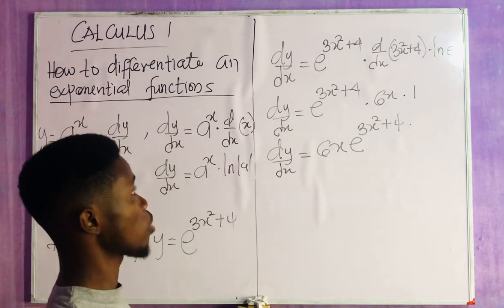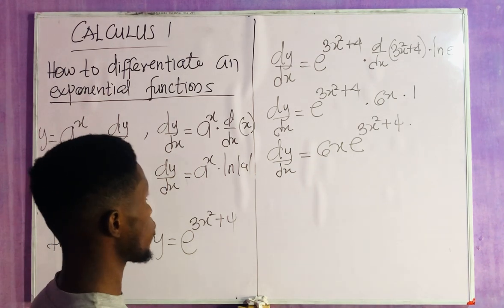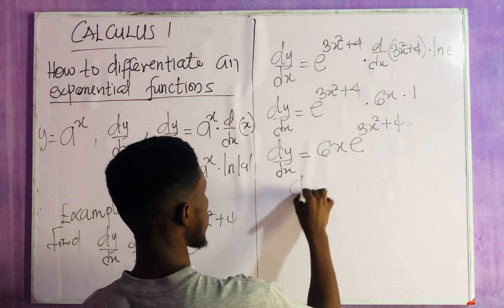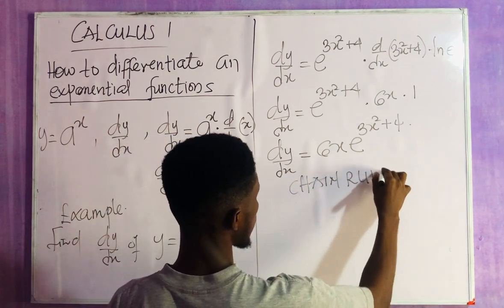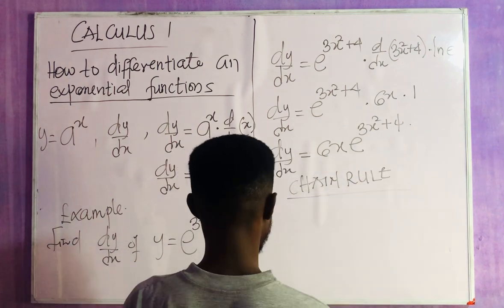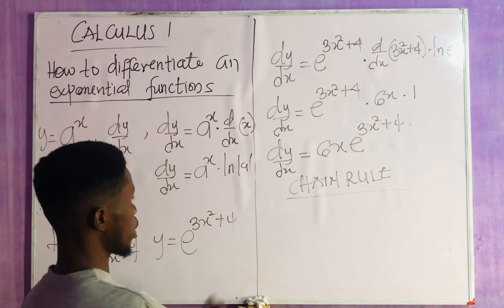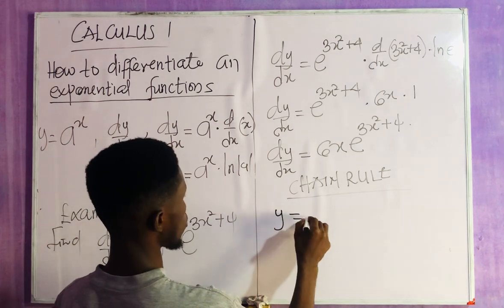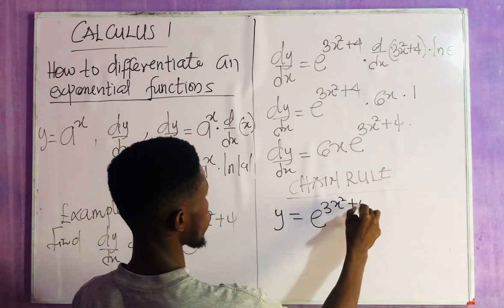Someone can also decide to go in a different way, or differentiate this one by using the chain rule. Now if I want to use the chain rule to differentiate this, I have y equal to e to the power 3x squared plus 4.